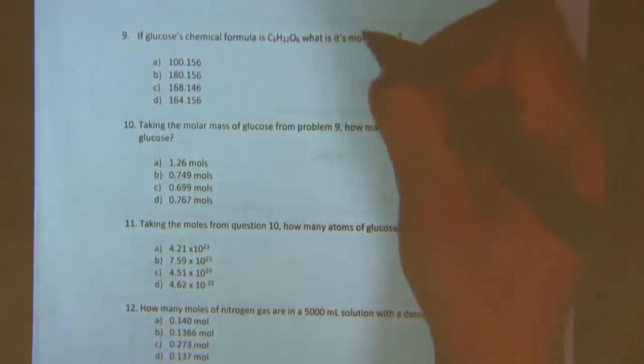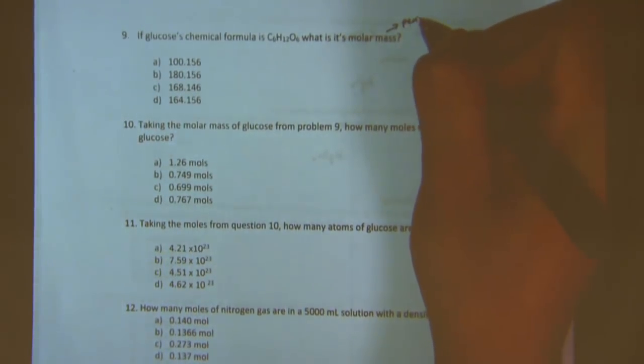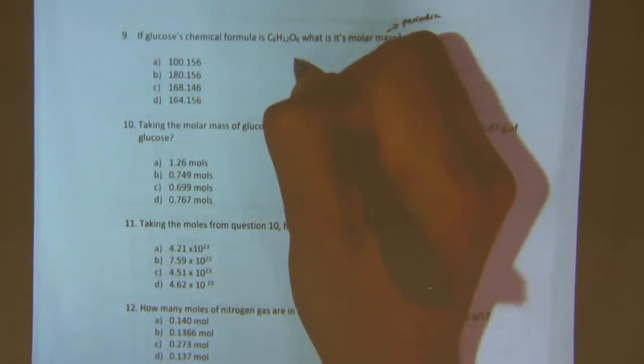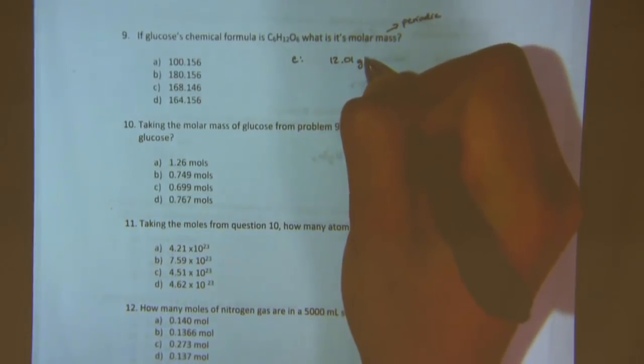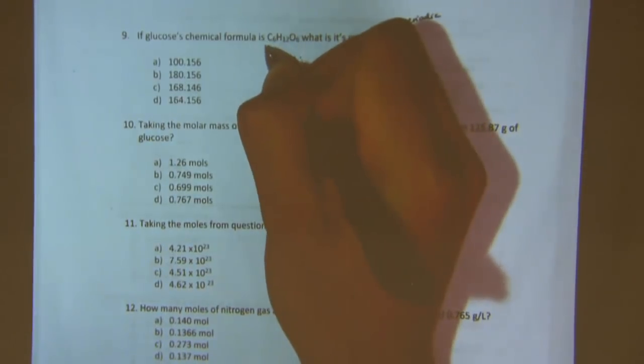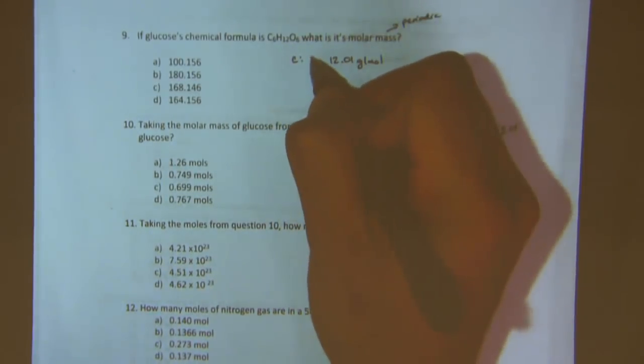So number 9, if glucose's chemical formula is C6H12O6, what is its molecular mass? So we would just have to use our periodic table of each of the particular elements in that compound. So carbon has a molecular mass of 12.01 grams per mole, and there are 6 of them denoted by the subscript, so we would multiply it by a factor of 6.